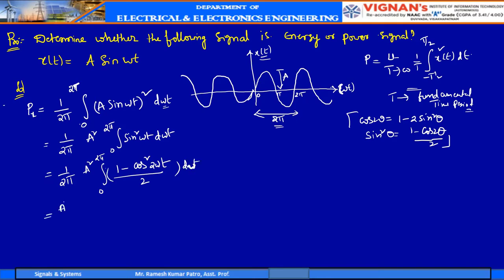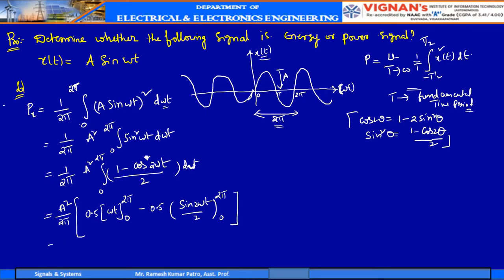So this will become a square by 2 pi, and this is 1 by 2 integral. Integral of d omega t is omega t, so it will be 0.5 omega t within the limits of 0 to 2 pi, minus 0.5 integral of cos 2 omega t. What is the integration of cos? It is the sine, right? So it will be sine 2 omega t divided by 2 within the limits 0 to 2 pi.